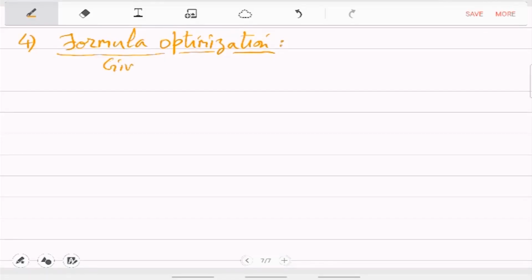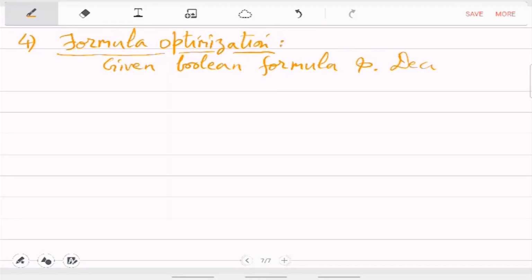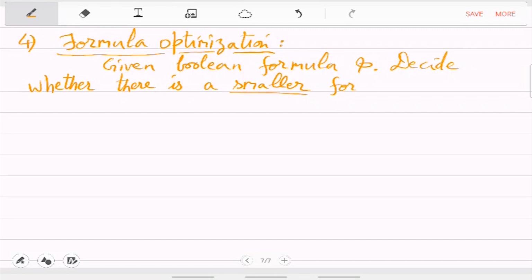So given a formula, which will be, mind you, a Boolean formula, decide whether there is a smaller formula psi which equals phi.